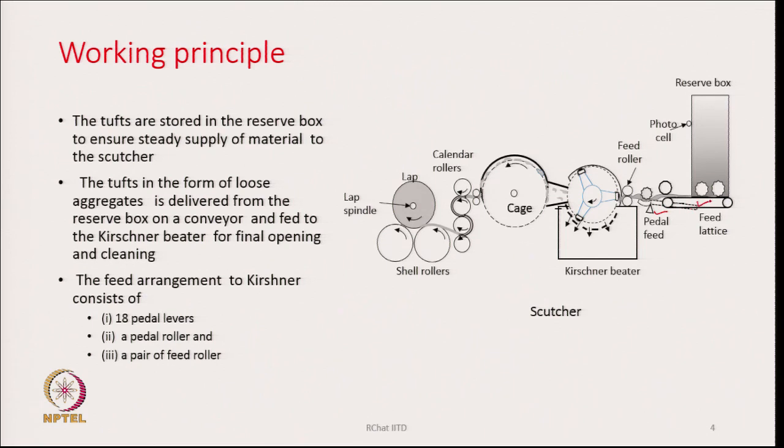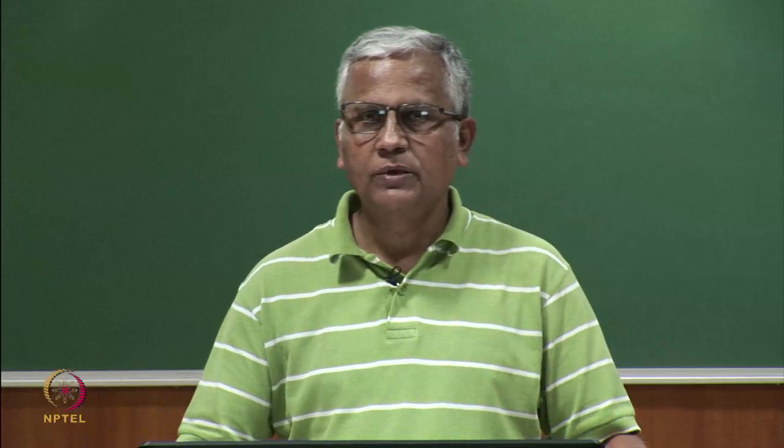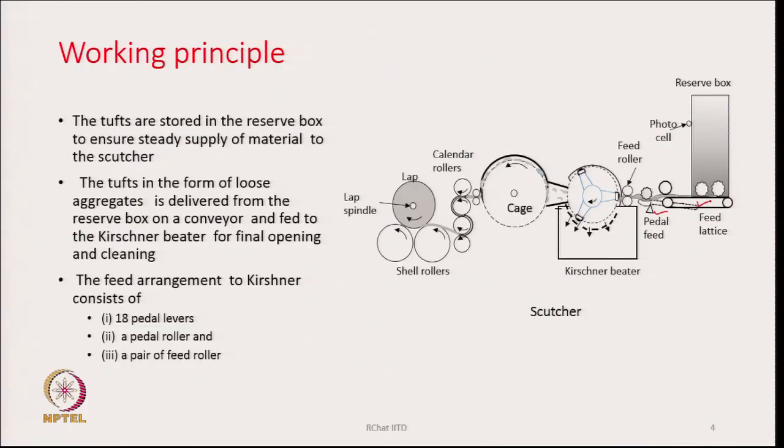This is the long tail of the lever, and we actually have 18 pedal levers placed one after the other across the width of the machine. Besides, we have a pedal roller and a pair of feed rollers in front of it. So, this is the feed arrangement to the Kirschner beater.